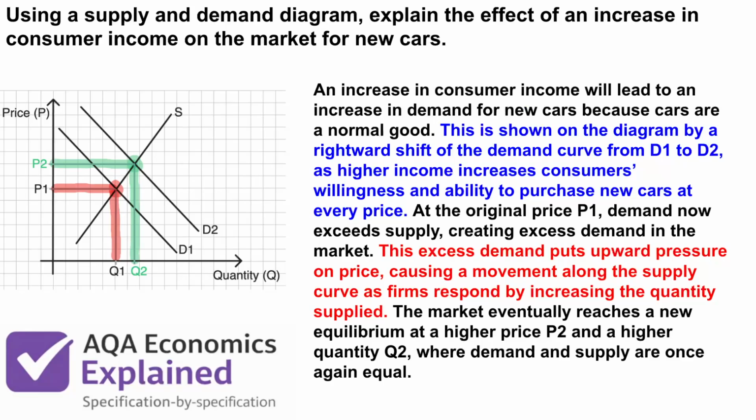At the original price P1, demand now exceeds supply, creating excess demand in the market. This excess demand puts upward pressure on price, causing a movement along the supply curve as firms respond by increasing the quantity supplied. The market eventually reaches a new equilibrium at a higher price P2 and a higher quantity Q2, where demand and supply are once again equal.